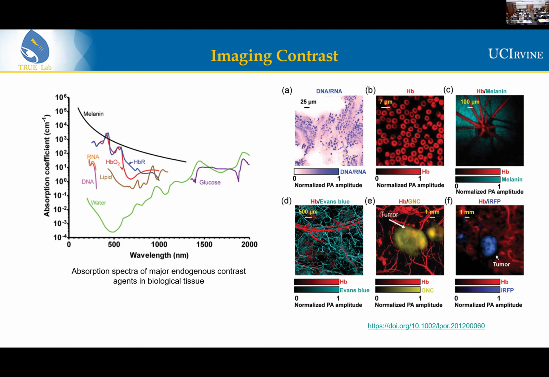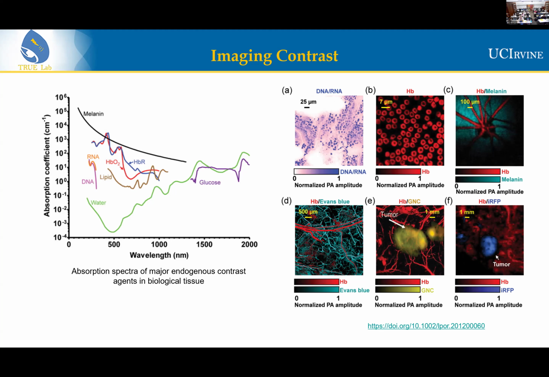One of the diseases in the eye is called age-related, sorry, I forgot, degeneration or something like that. So you want to look at the microvessels, and also look at the melanin content. So that's another application.